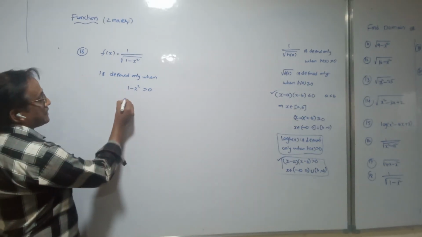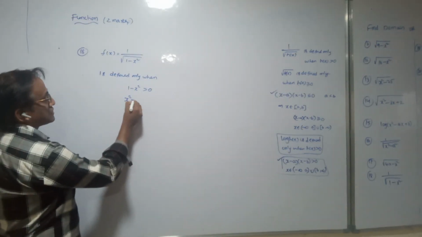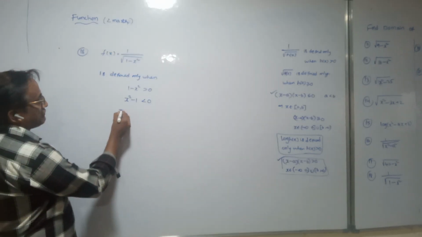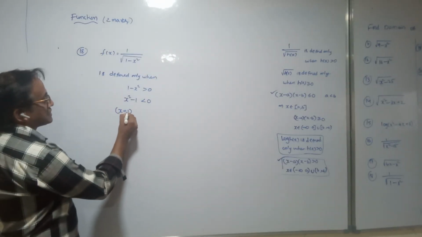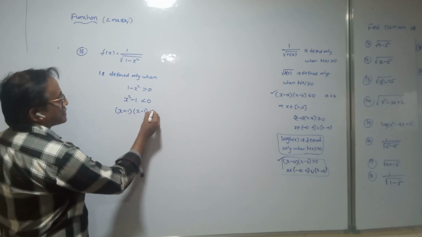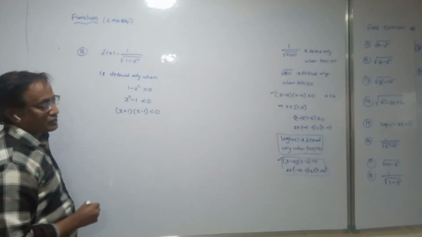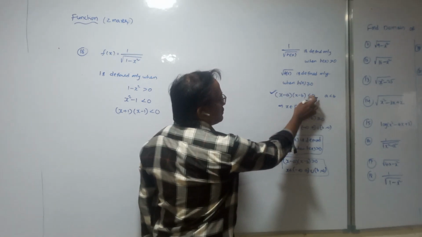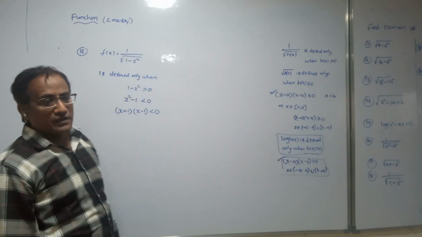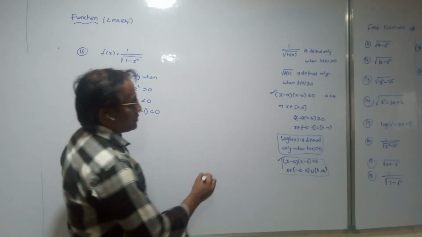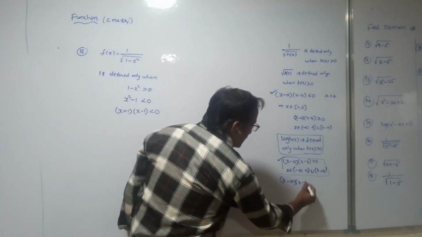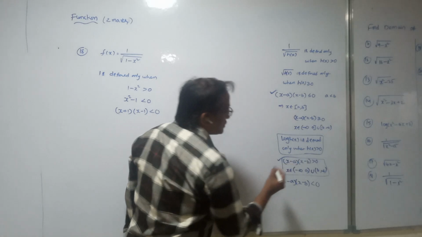Now, you multiply with minus 1, so x square minus 1 is less than 0. So it will be x plus 1 into x minus 1 less than 0. Now, this is the case, but here you don't have equality. This is in the form x minus a into x minus b less than 0.